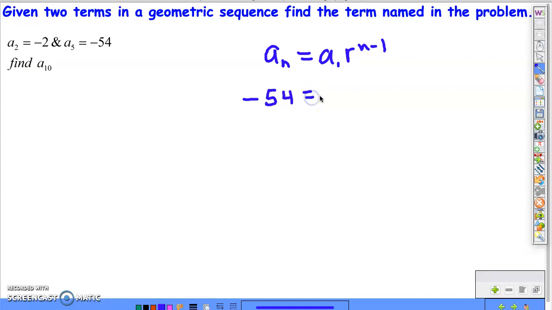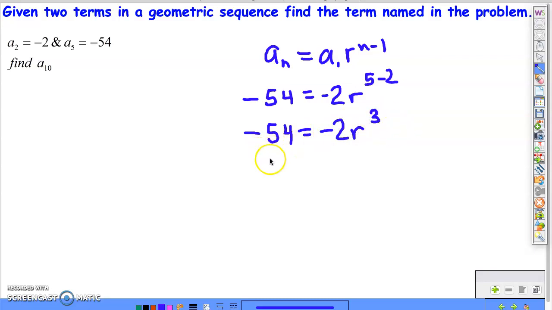So equals a1, well, we have a2, it's -2 times r to the, we use the 5th term and the second term. So then 54, we're going to get negative 2r to the third. Divide by negative 2, so 27 equals r cubed. So our rate, or ratio, is going to be 3.